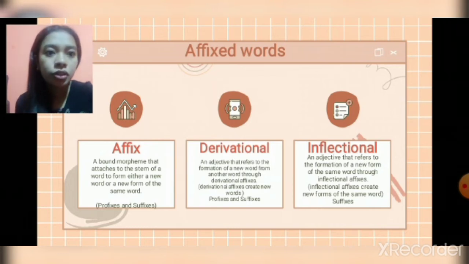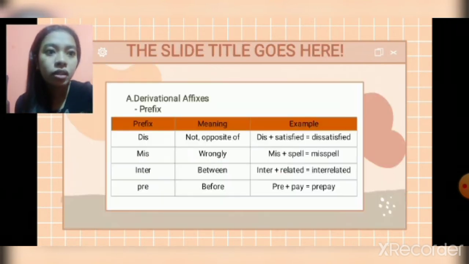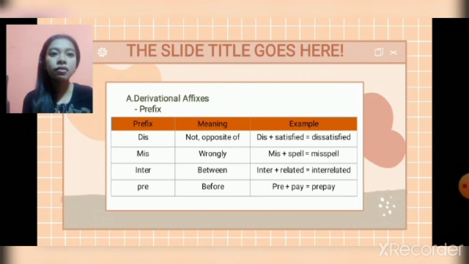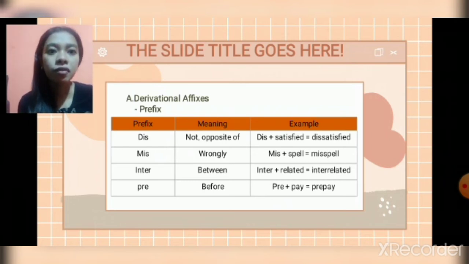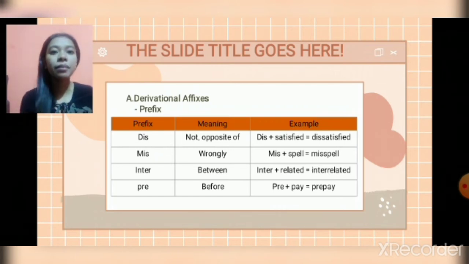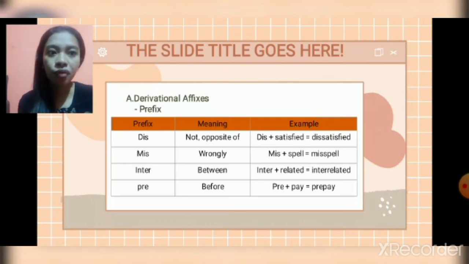So, to make it clear, I have an example of derivational affixes. First, prefix. Here is the example, as you can see on the screen. The first example is the prefix dis, which means not or opposite of.